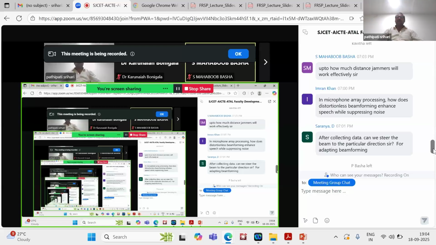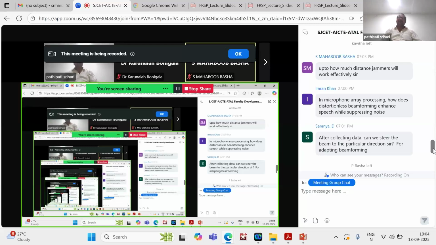And sometimes when you try to jam, the enemy receiver knows that you are trying to jam, and then they will go for electronic countermeasures. In that case, how effectively you play with your jammer is a very difficult task and highly classified information. Nobody knows what exactly happens in a real scenario.